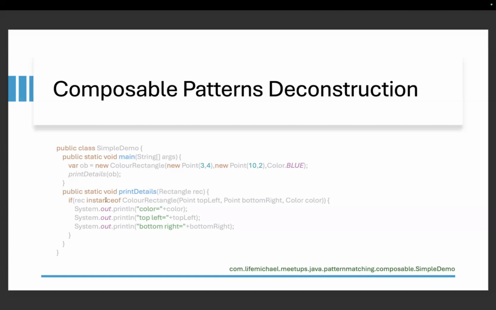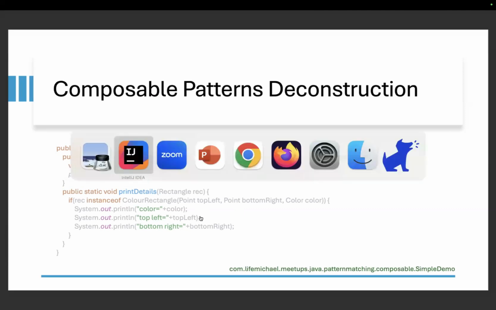So if that instanceof we have over here returns true, then the deconstruction happens and topLeft, bottomRight are assigned with references to Point objects. And the variable color is assigned with a reference for an object of the type Color. And then we can use those variables and do something with them. Let's take a look at the code sample.